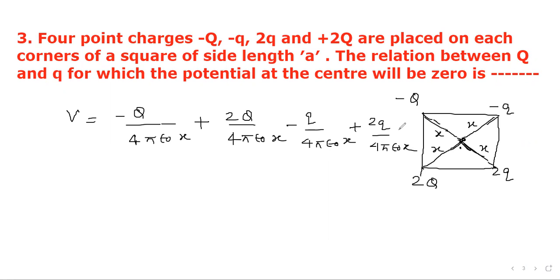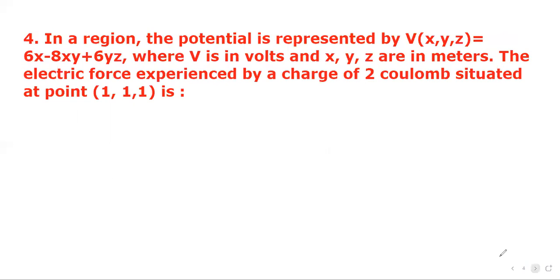But potential is 0, so we put it equal to 0. So we get q plus small q equal to 0, from where q equal to minus q. Now let's go to next question.